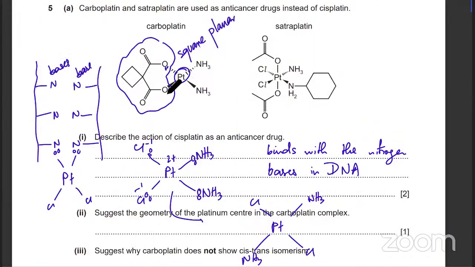The geometry is limited. They can only bond adjacent or 90 degrees to each other. This oxygen cannot go and bond from the other side, because then you would have to break this.